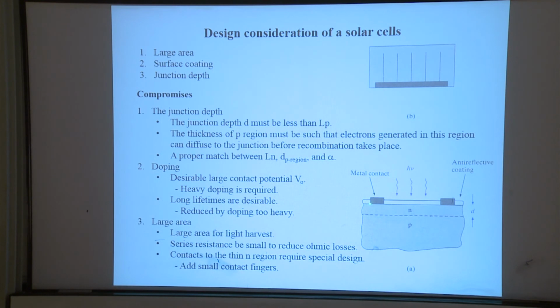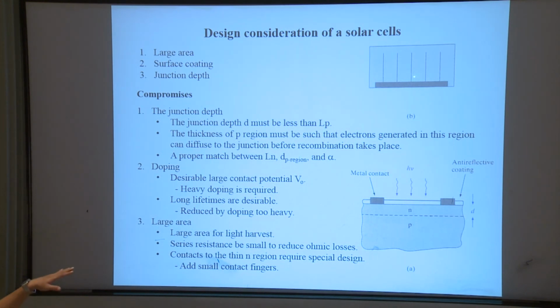But for the top side, since we need it to be transparent to the light, we need an anti-reflective coating, like glass and some treatment to reduce the reflection as much as possible, so we can absorb as many available photons as possible. But this is non-conductive, so we need to put the metal contact on before we do the anti-reflective coating.